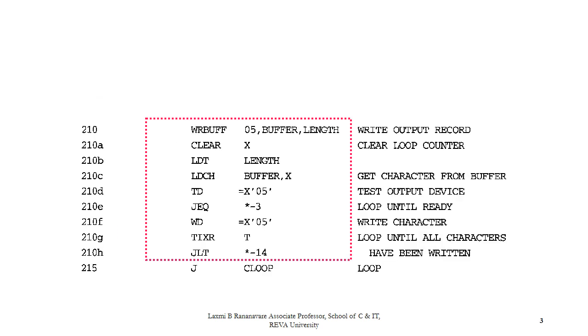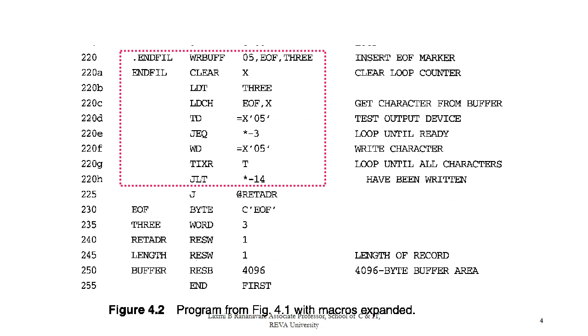Similarly, in another example, write buffer, we are going to substitute the set of instructions for that write buffer in that call, right? And similarly, we have another write buff call, wherein you are going to place those set of instructions in the macro call write buff.